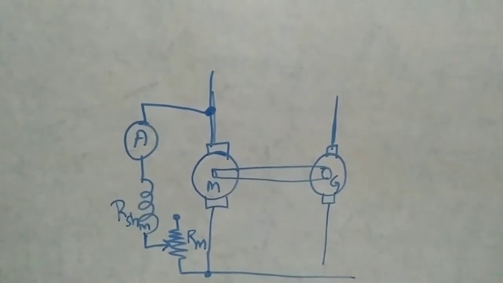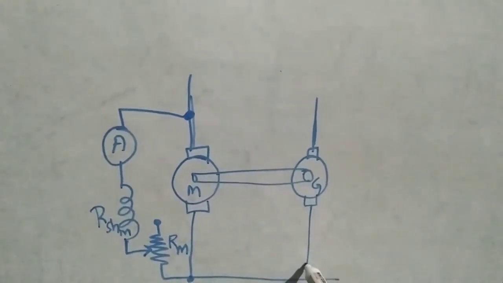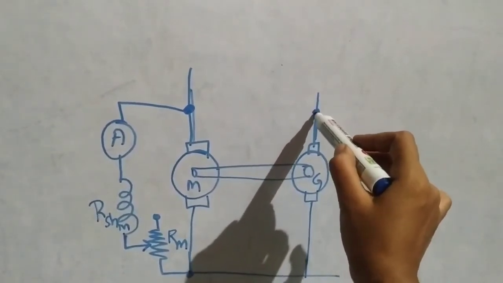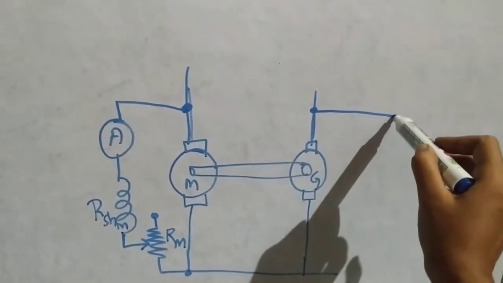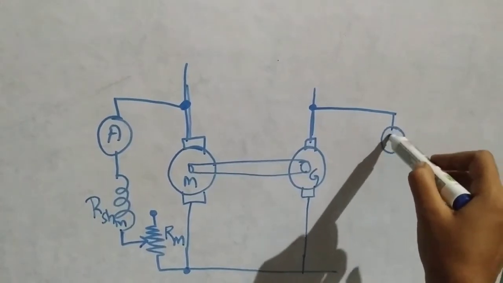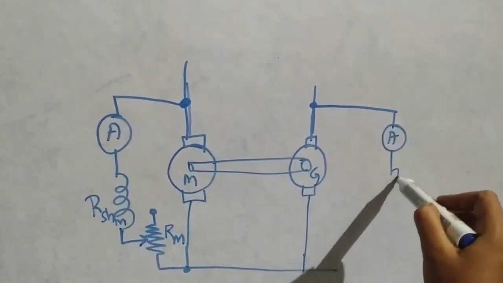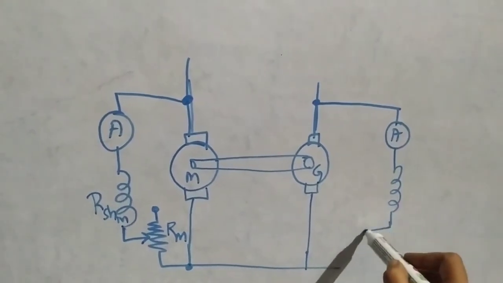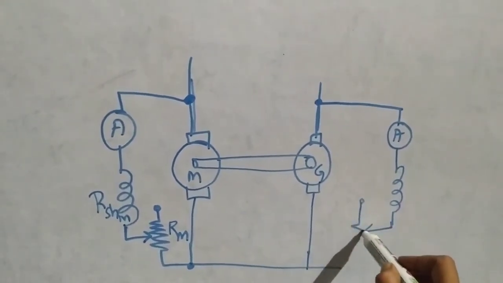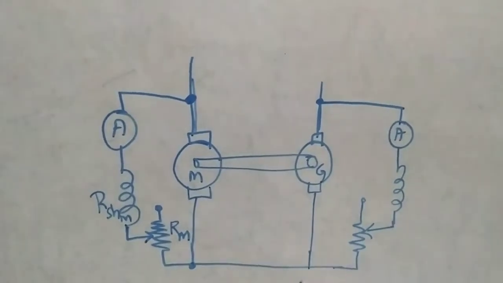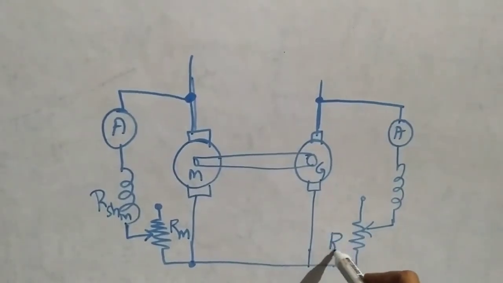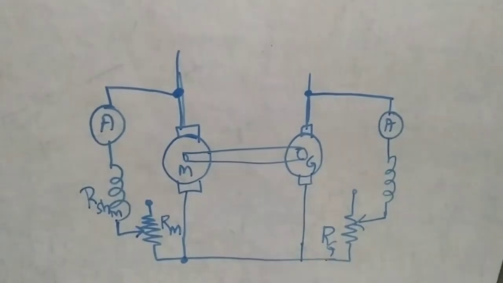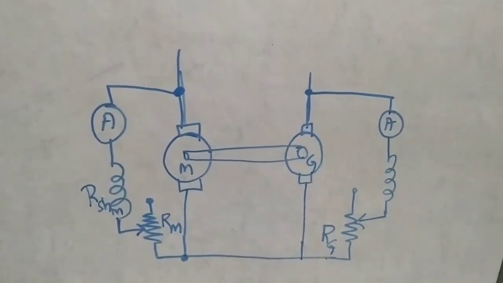Similarly, on the generator side, again I am going to use an ammeter and the field winding, which will be shunt to this, connected to a variable rheostat denoted as RG, because that rheostat is responsible for controlling the field current of the generator.